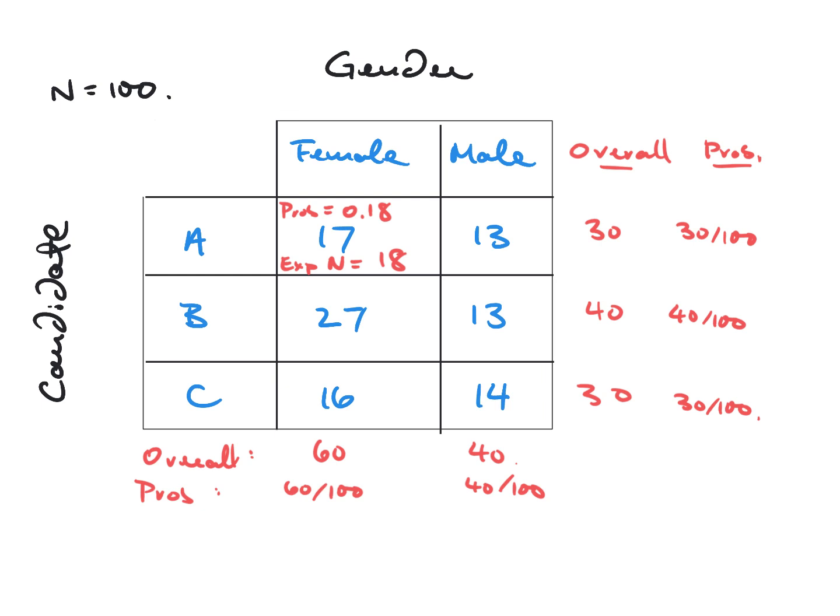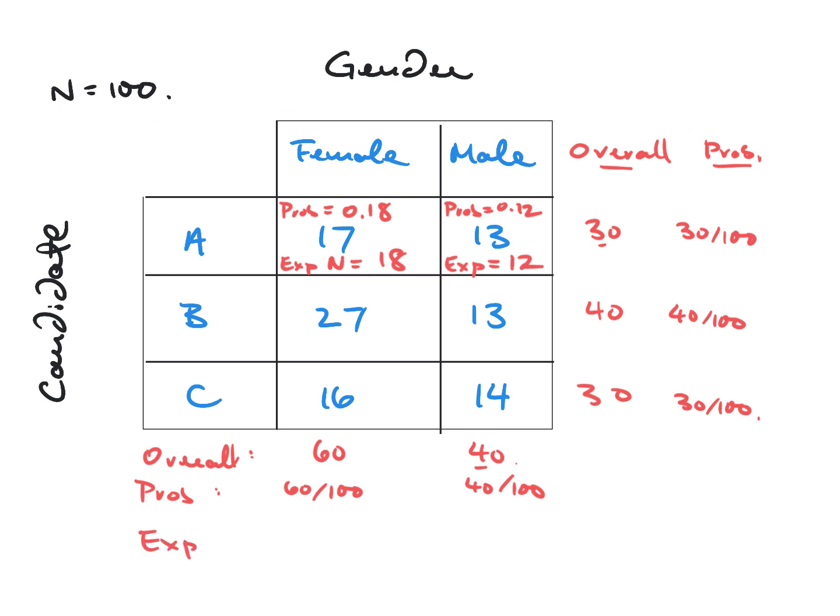Probability of being male and liking candidate A is 0.3 times 0.4, the probability is 0.12. In other words, the expected number is 12.